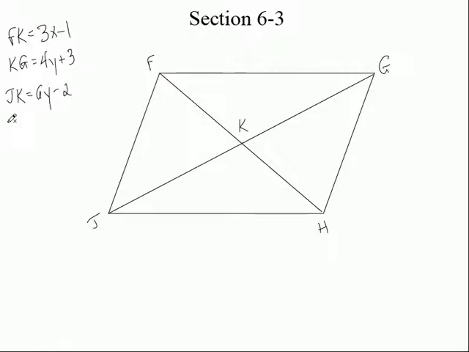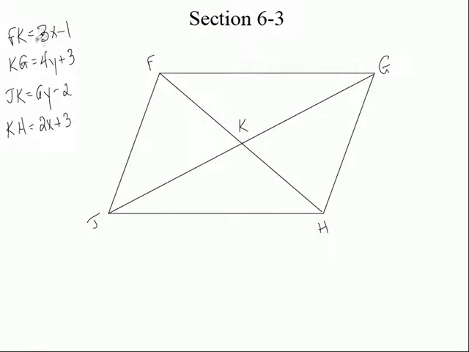And let's see, KH, 2x plus 3. All right, and we want to solve for x and y. Now, the problem says, find what x and y is so that this thing is a parallelogram. So find x and y to make this thing a parallelogram.